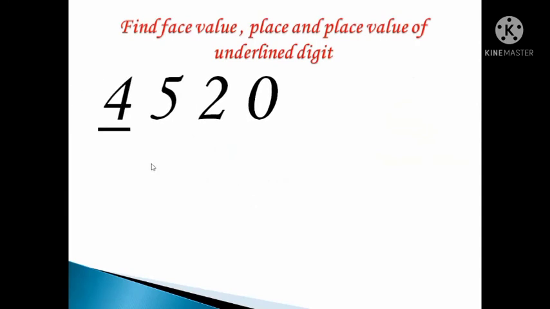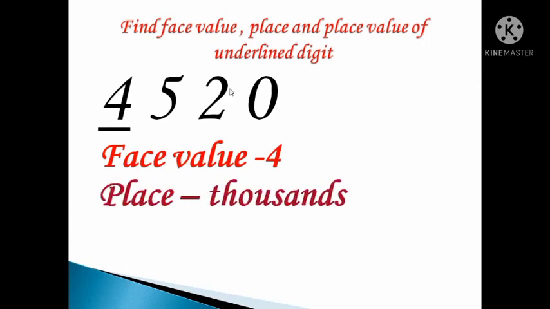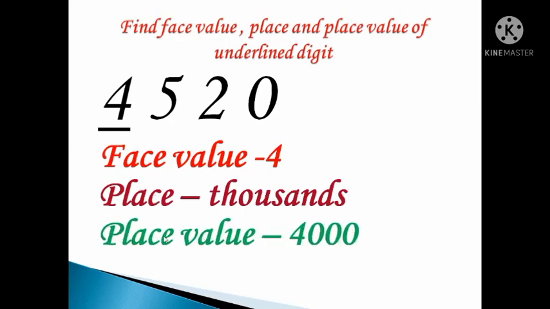So one more example. The 4, face value is 4. Place is thousands: ones, tens, hundreds, thousands. Place value is how many thousands are there? 4,000. So we have to say 4,000 is the place value of 4.